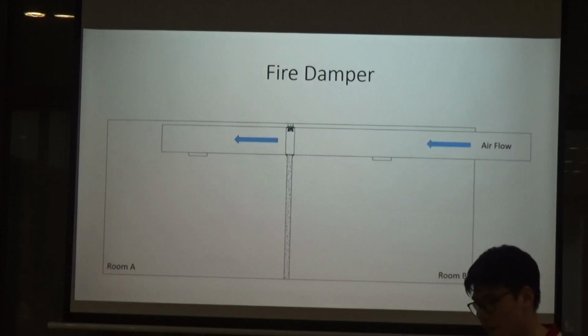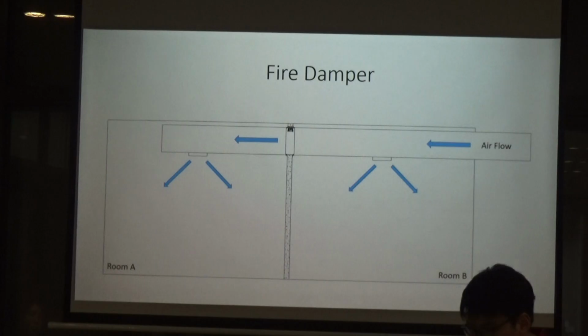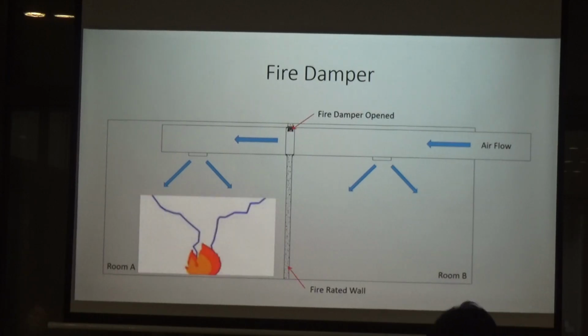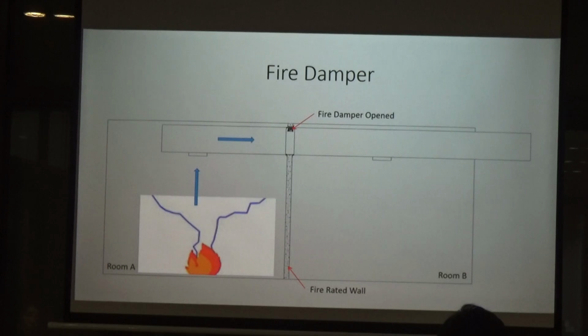Normally, there will be airflow going out to the room. If there's a fire in room A, the hot air and smoke will rise and trigger the fusible link to melt, and the blade will close. So room B is protected.